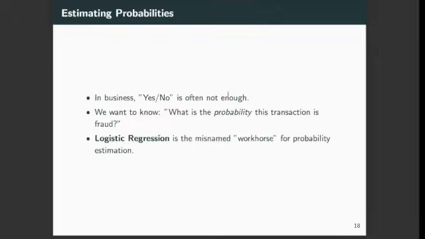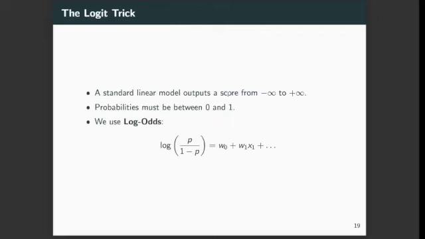In logistic regression, we use the logit trick. The standard linear model outputs scores from negative infinity to positive infinity, but probabilities must be between 0 and 1.